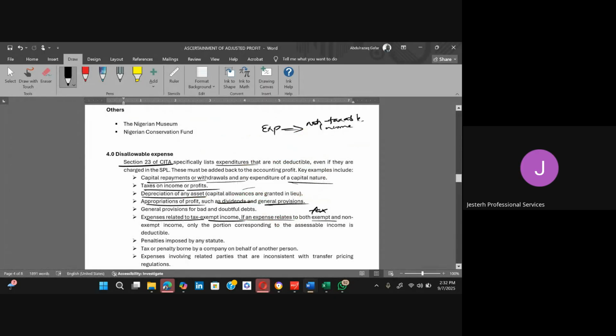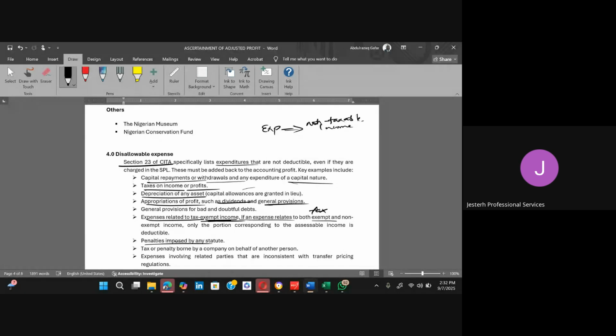Tax expenses related to tax exempt income is also disallowed. Penalties imposed by any statute, if there is any penalty imposed by any legislation, maybe from your tax or from any infractions, will not be allowed.